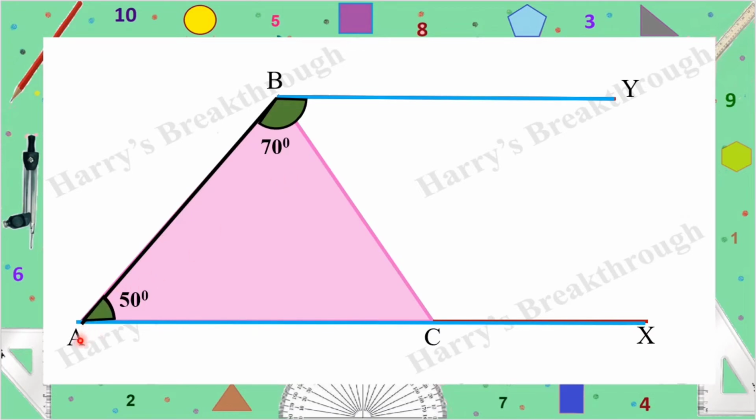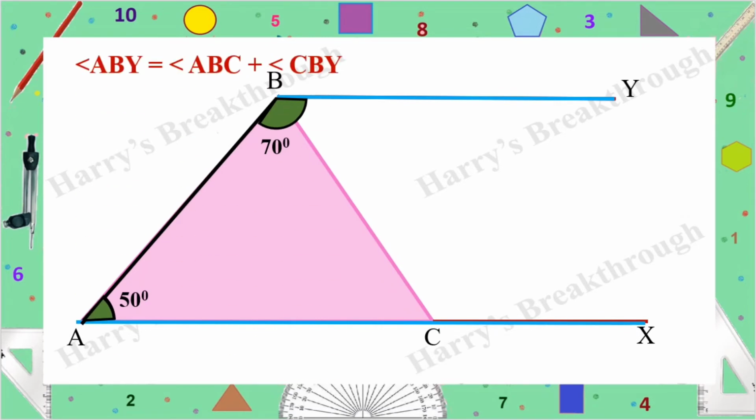So what will be the measure of angle ABY? ABY is equal to 180 minus this 50 degrees, which is equal to 130 degrees. So angle ABY is 130 degrees. And we know that angle ABY is the sum of angle ABC and angle CBY, right?